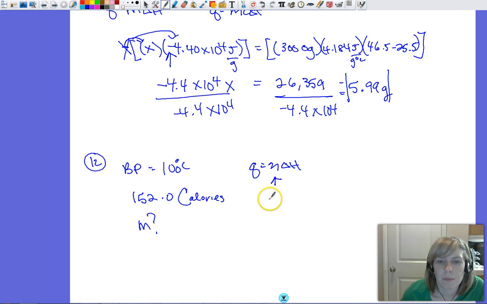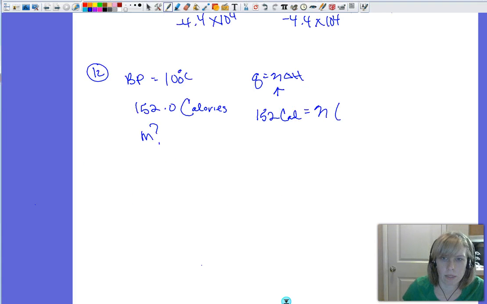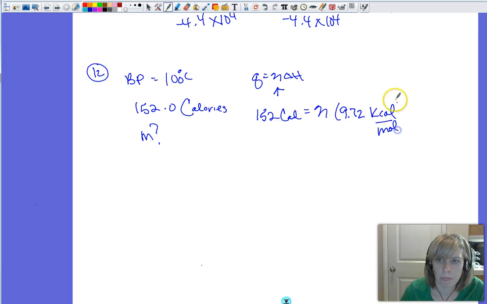So we have 152 calories equals N times my molar heat of vaporization, which is going to be 9.72 kcal per mole.